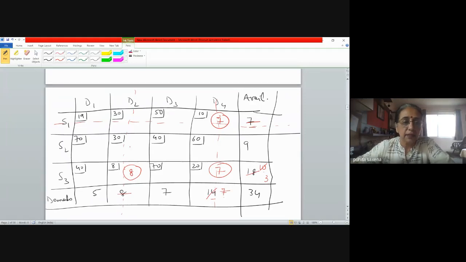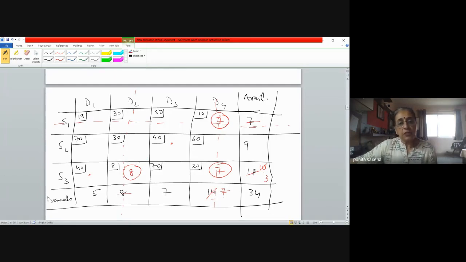I can allocate either in S2D3, that means in this cell, or in S3D1. In both the cases, the cost involved is 40 per unit. Am I right or not? Yes. So now how to decide where to make the allocation?